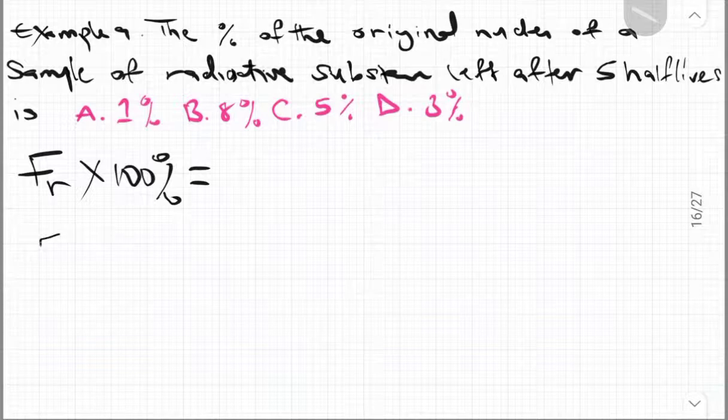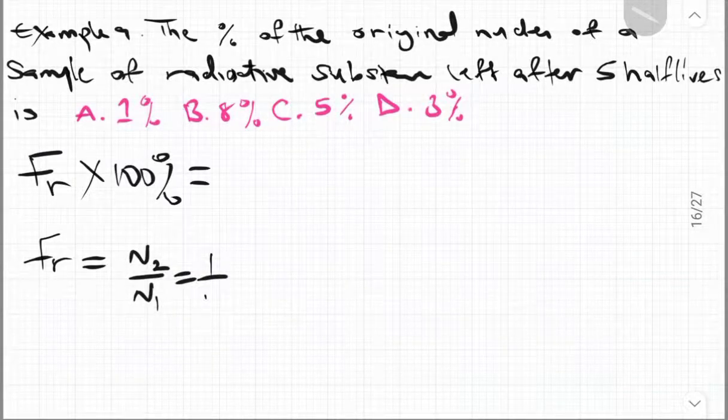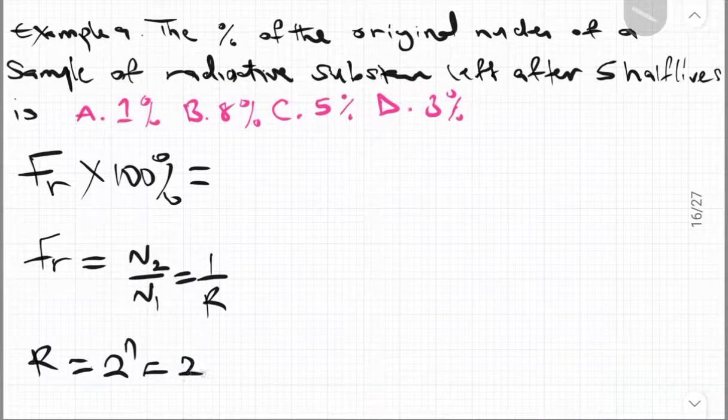Now, since you know that the fraction left is equal to N2 over N1, which is 1 over R, and we know that R is equal to 2 to the nth power. Now, n in this question is 5, which is 2 to the 5th power, that is 32.